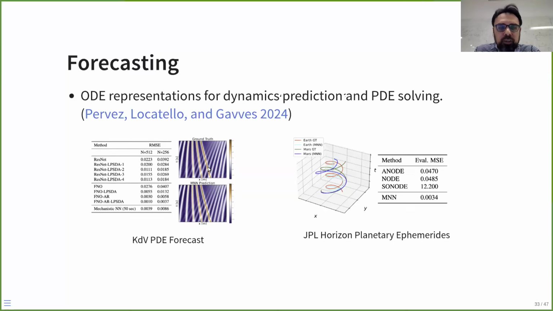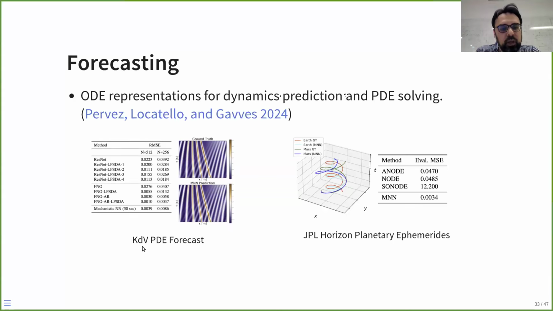For PDE solving, I mean the neural surrogate type PDE solving, where you have a supervised problem: you're given some initial condition or initial time step, and you want to predict into the future. In this case, we simply represent each point, or maybe a downsampled version, as an ODE. So you have a set of ODEs, and then you solve the ODEs forward in time.